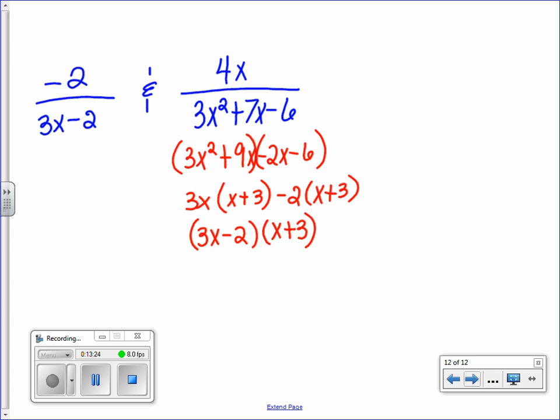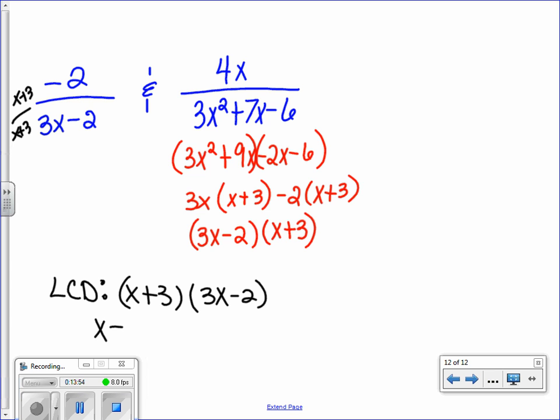What do we need here? What's going to be our least common denominator? X plus 3? Nope. There's no x minus 3 anywhere. What does this one need? It needs an x plus 3. Right. So our least common denominator is going to be x plus 3 times 3x minus 2.